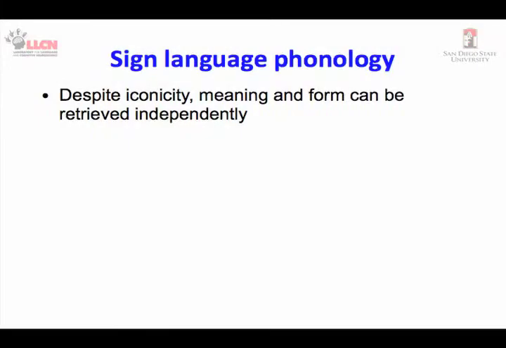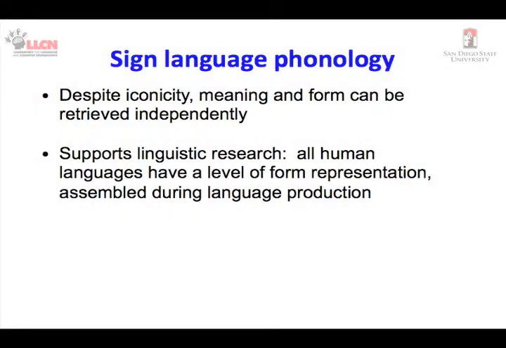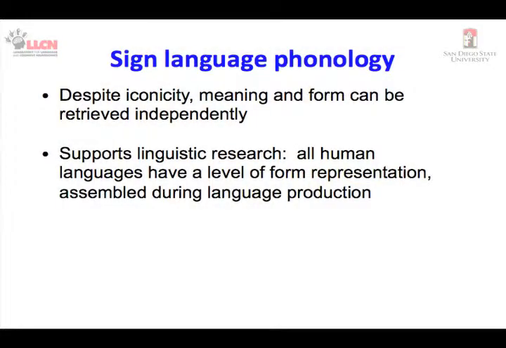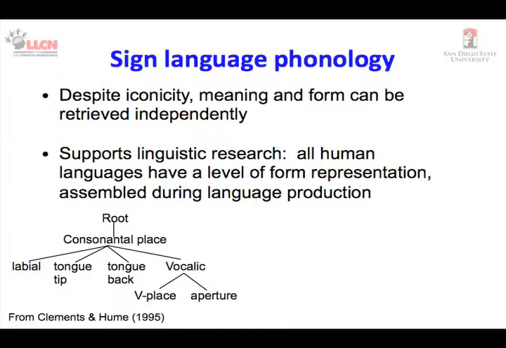And it supports a lot of linguistic research that really, I think is a fundamental discovery, that all human languages develop this level of structure that you can call phonology that's separate from meaning. And for spoken languages, these structures are based on vocal features, so where the tongue is, whether the sound is voiced, the vocal articulators.